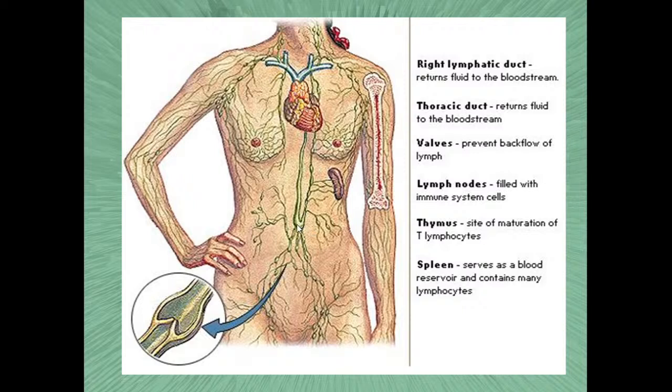Finally, lymphatic trunks empty into the lymphatic ducts, and the lymphatic ducts return fluid back to the venous system. That's why we talk about the lymphatic system as a component of the vascular system, because it also consists of vessels.